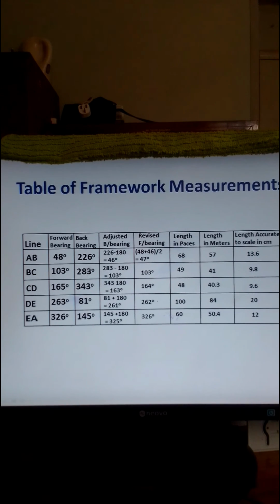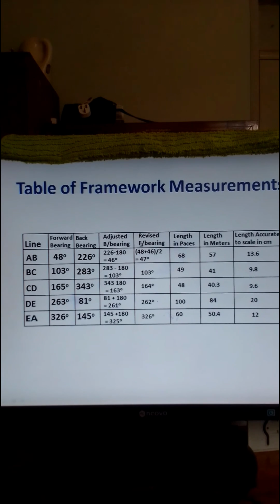After you have adjusted the back bearing, you also need to revise the forward bearing. So we revise the forward bearing. How do we do it? We find the average of the forward bearing and the adjusted back bearing. So here it is 48 degrees plus 46 degrees divided by 2. You get 47 degrees. So this is how we revise the forward bearing.